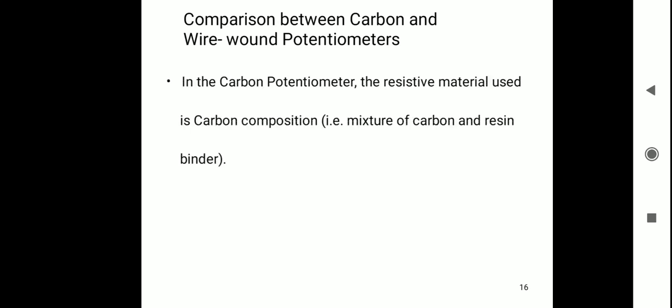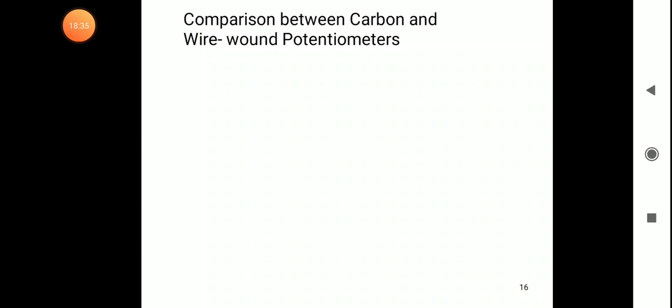Now we try to discuss the comparison between the carbon and wire wound potentiometers.